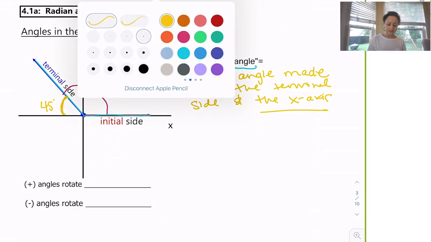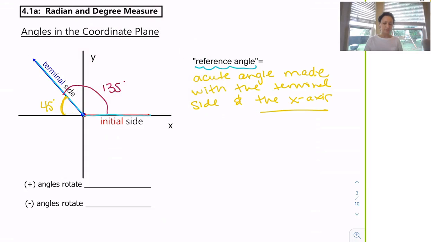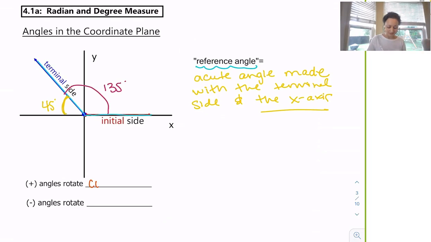One other note is if you are going to be measuring positive angles, like what we just did, notice that I rotated counterclockwise, right? And conversely, negative angles, if we want to go the other way, would be clockwise.